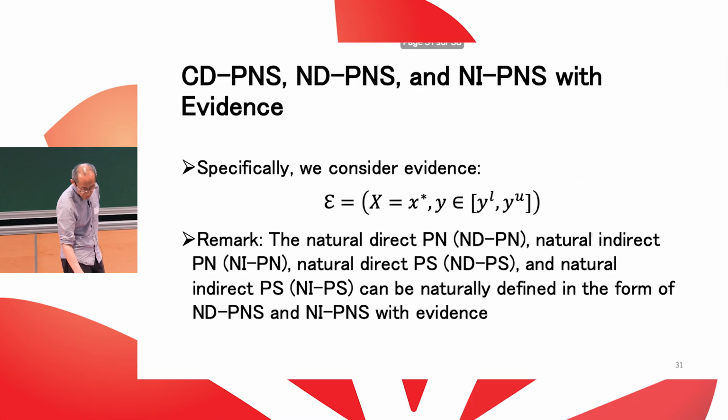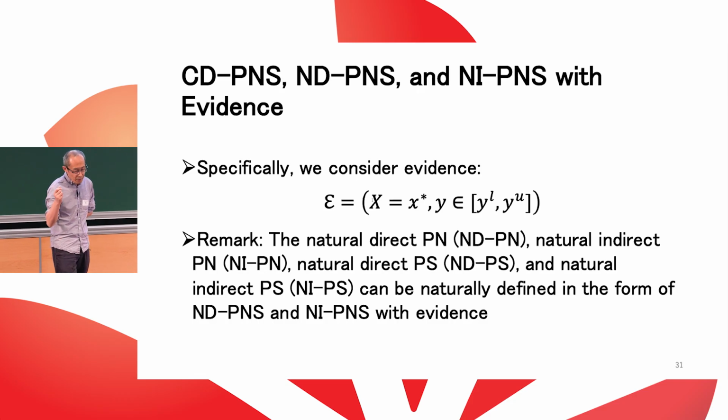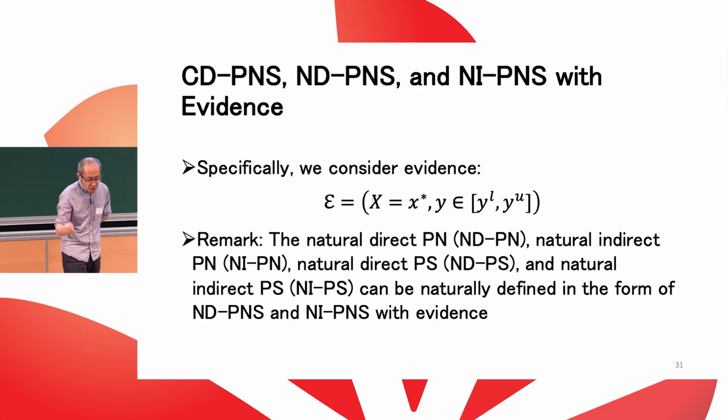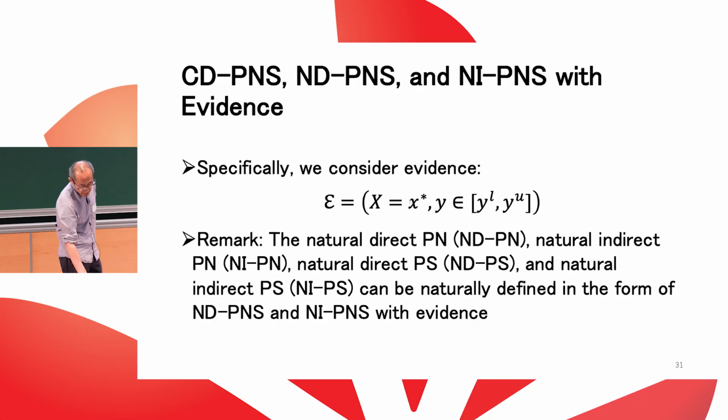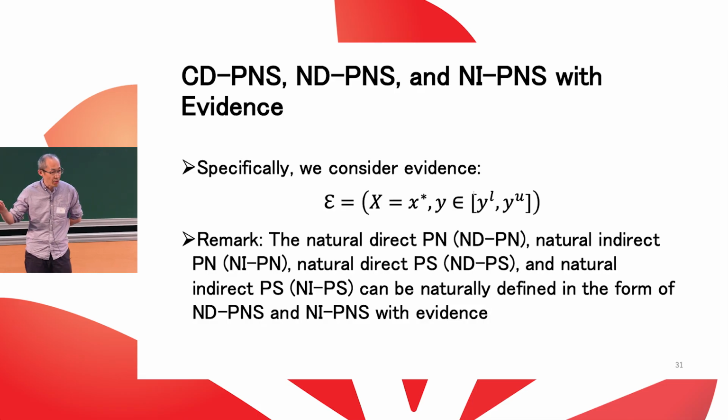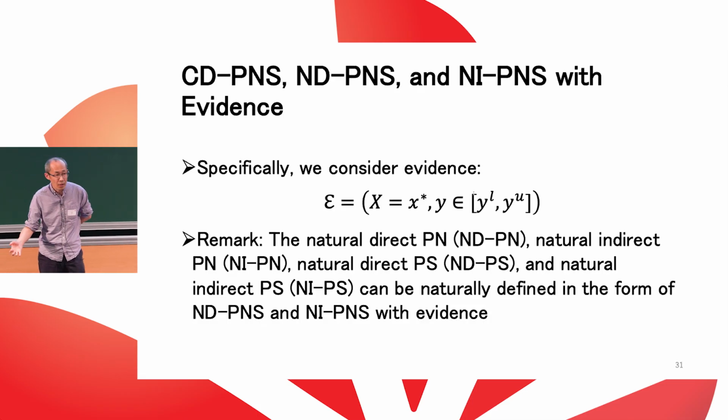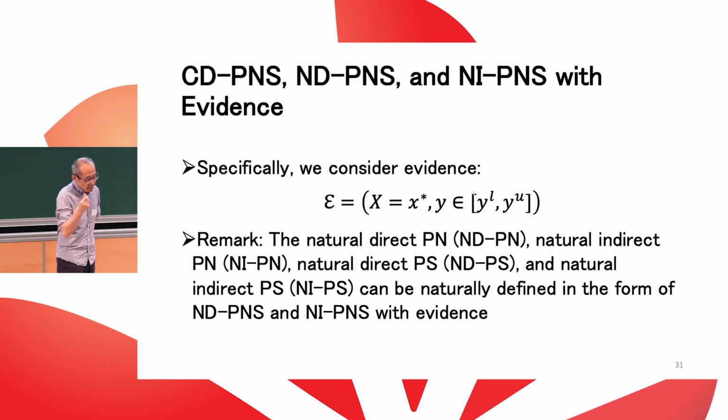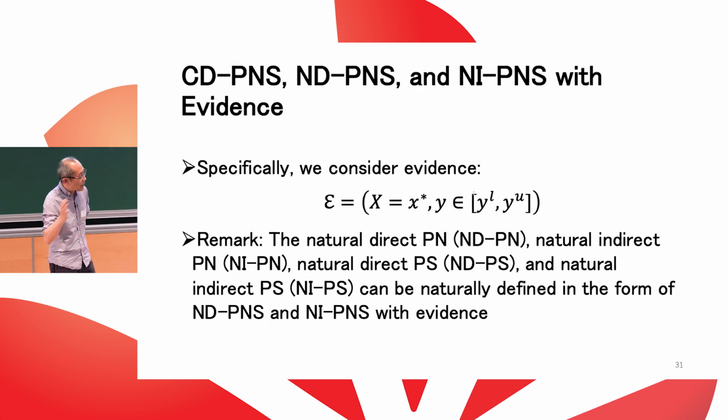More specifically, we consider evidence for those subjects who currently take the treatment X star, and whose current outcome is within this range. For this kind of subject, you may ask the causal question of how X influences Y. So we call those the CDPNS, NDPNS, NIPNS with evidence.